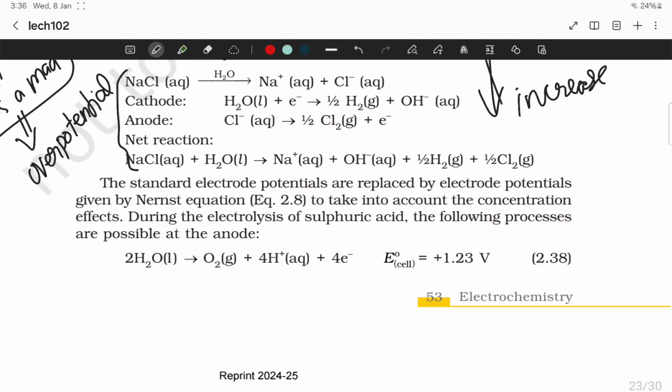During the electrolysis of sulfuric acid, the following processes are possible at the anode. Now we are talking about the electrolysis of sulfuric acid, that is H2SO4, and H2O is also there in the medium.